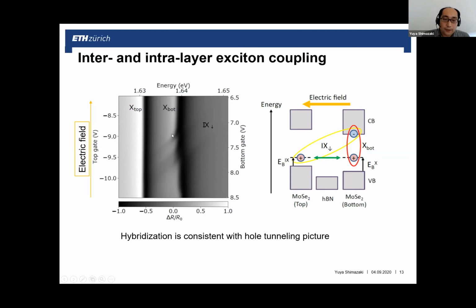On the other hand, we don't see the hybridization of this interlayer exciton with the top layer exciton. To have this, we need coherent electron tunneling through the boron nitride. Since the conduction band edge of boron nitride is quite high compared to the conduction band edge of the molybdenum diselenide, this tunnel coupling is quite weak. And then these two layers behave independently in the conduction band.